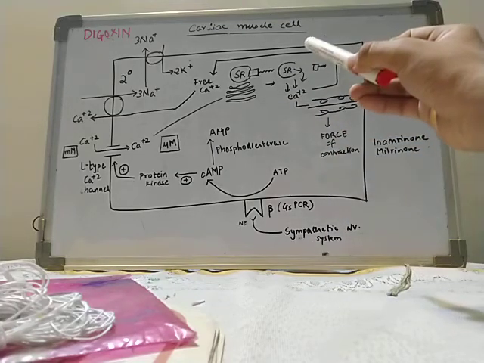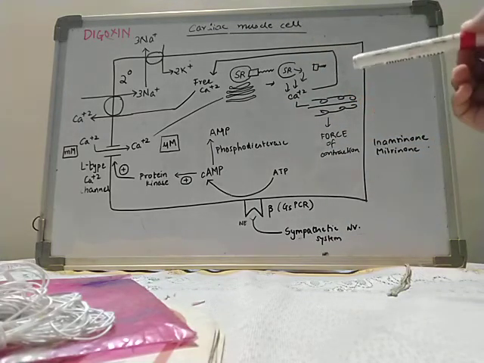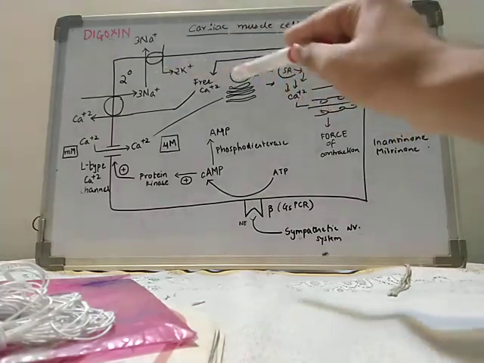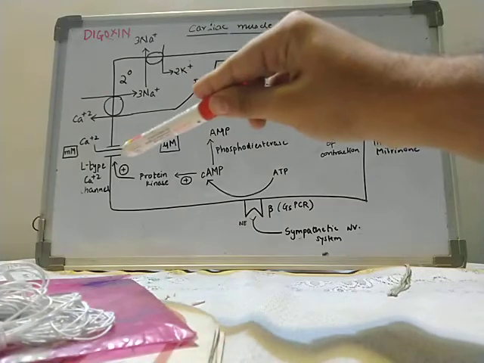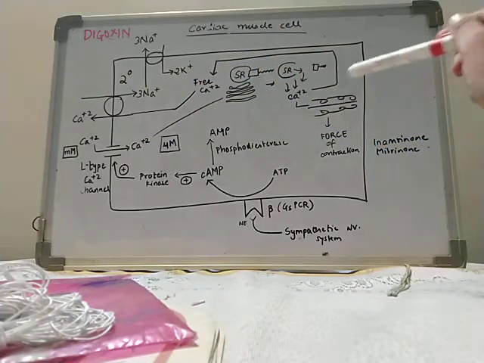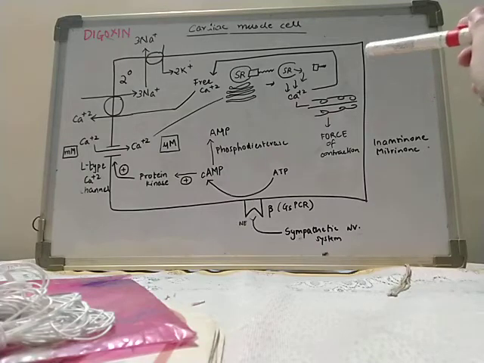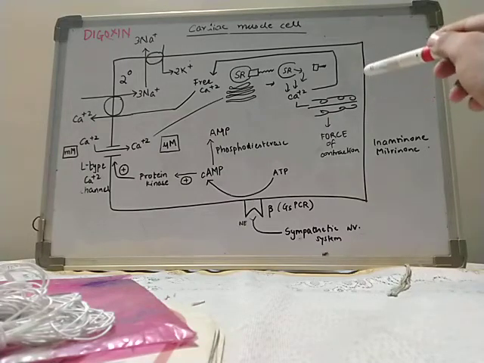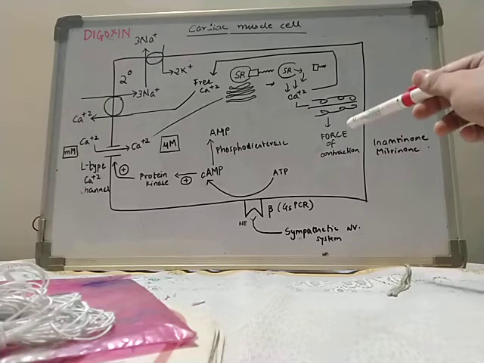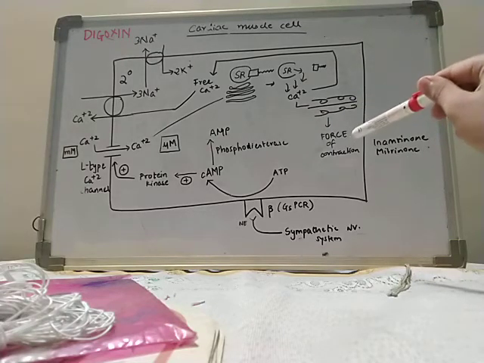It's sort of a spring which pulls back on activation, and it will lead to release of more calcium. So calcium comes from outside as well as that stored in the sarcoplasmic reticulum. This calcium will bind to troponin, and it will lead to muscle contraction via the actin, troponin, tropomyosin complex, and this will generate the force of contraction.